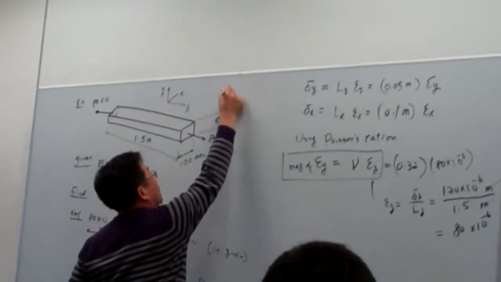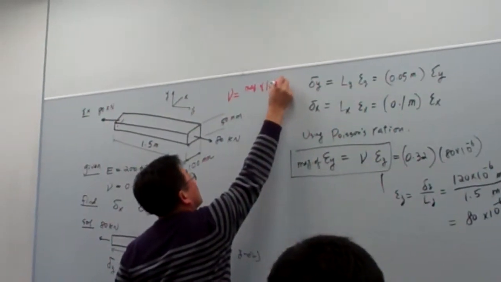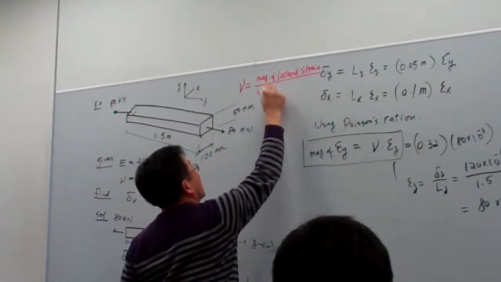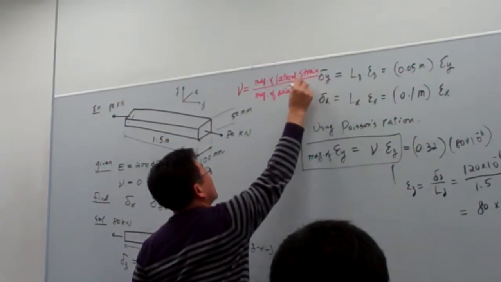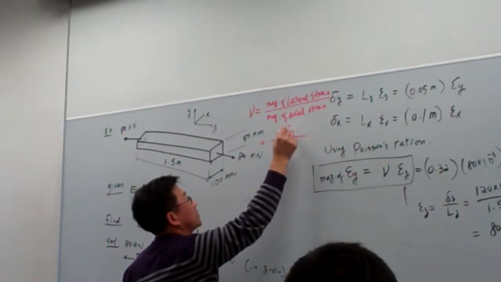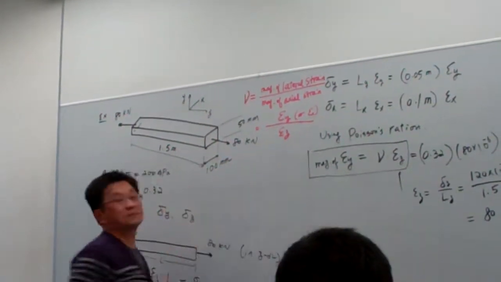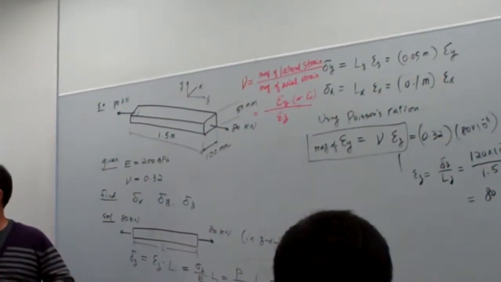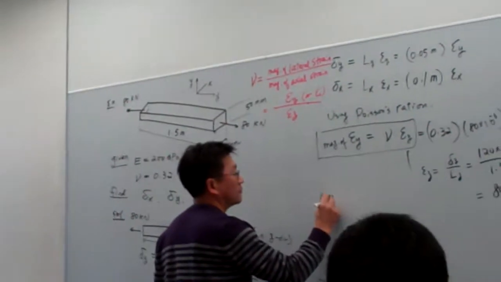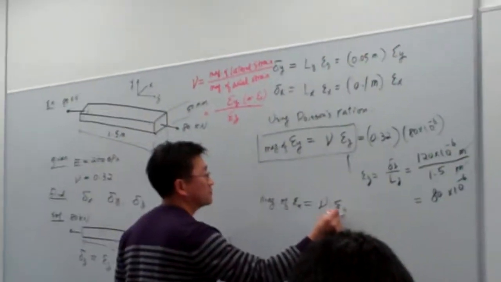By definition, the Poisson ratio equals the magnitude of the lateral strain over the magnitude of the axial strain. In this case, the lateral strain is in y or x, and the axial is z. So the same thing for epsilon x: the magnitude of epsilon x, the lateral strain, is mu times epsilon z.